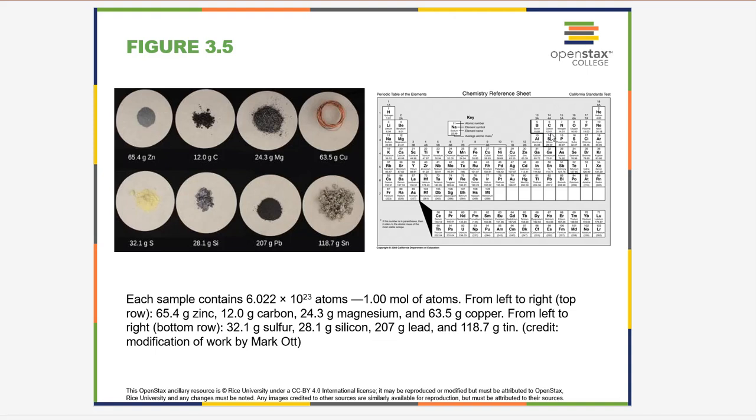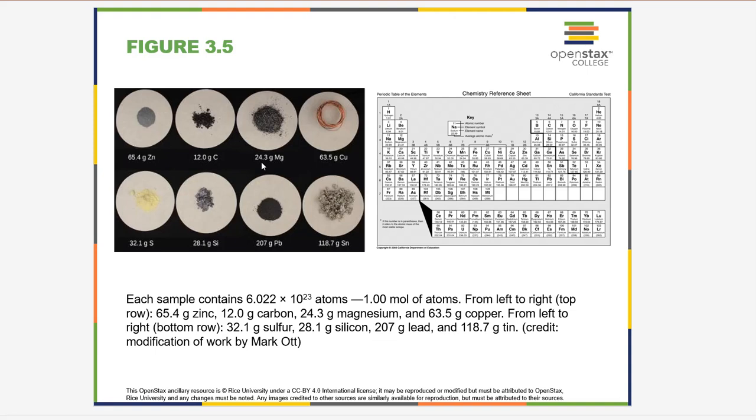However, 1 mole of carbon atoms has a mass of 12.01 grams. It's impossible to measure the mass of an atom, but it is not impossible to measure a mole of atoms. Any usual balance found in a chemistry lab, an analytical balance or otherwise, can measure 12 grams. So this is a mole of carbon.